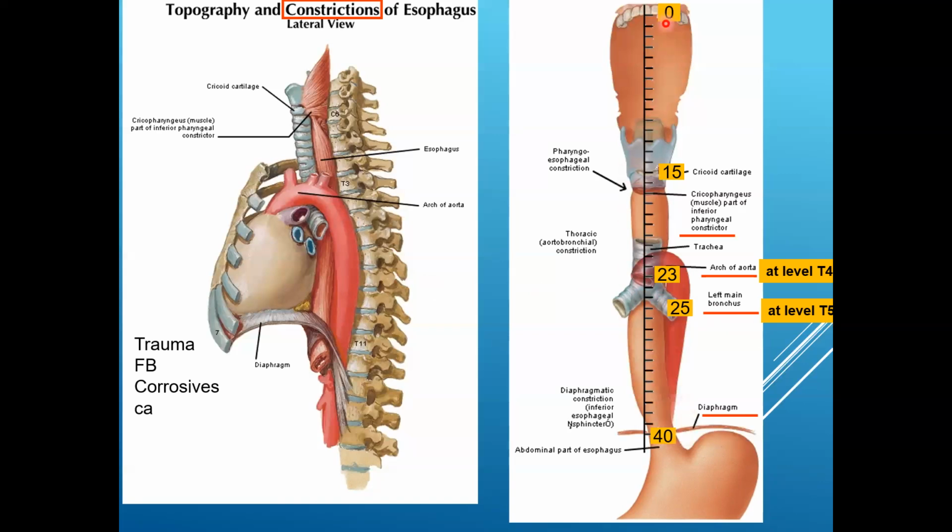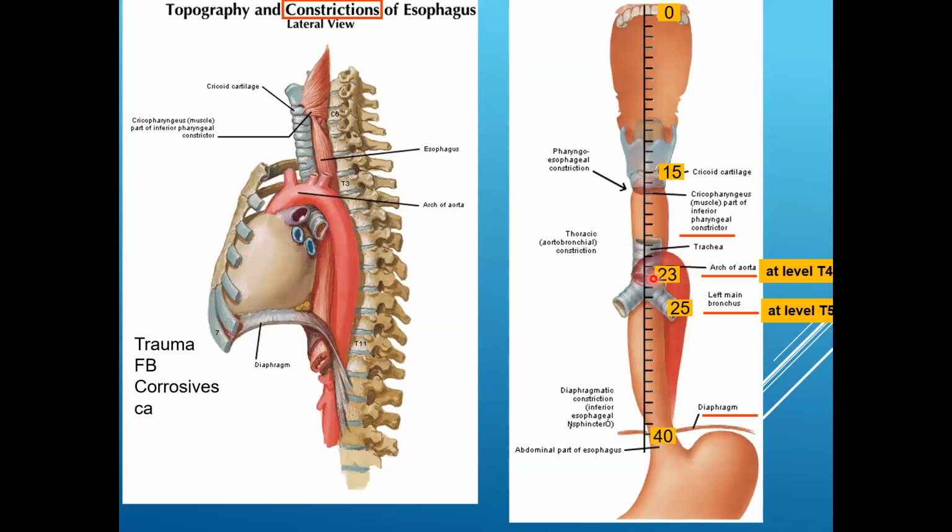Now, if you do an endoscopy, you know what endoscopy is? It's a tube with a camera, they insert through the mouth so that they can see the esophagus, stomach, and the duodenum, right? They can measure the distance. Usually between the incisor teeth and the beginning of the esophagus, it's about 15 centimeters.